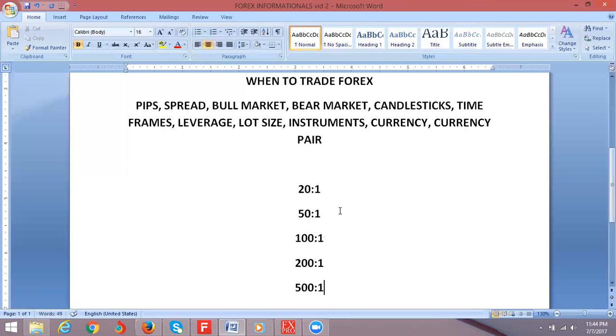What this means basically is that whatever amount you have, when you take 20 is to 1, it means that each dollar is worth $20 for you. The broker allows you to be able to command 20 times the money you have deposited.